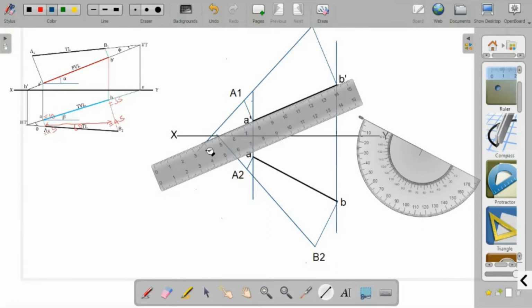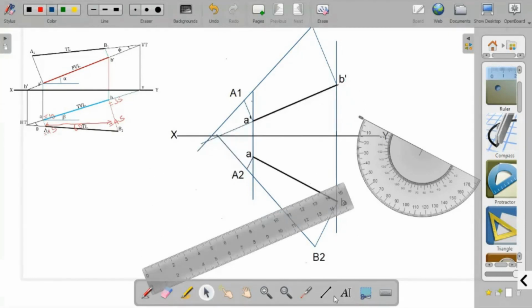So that is the point Vt. So this is the point Vt. This point Vt, and this inclination. This inclination is phi.